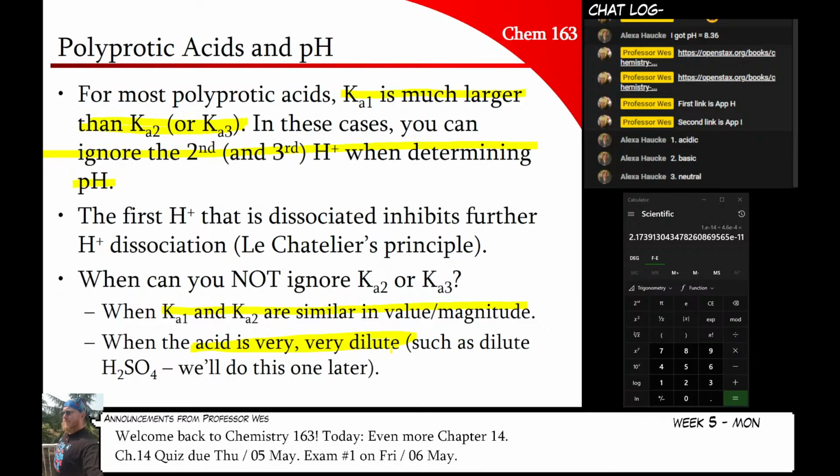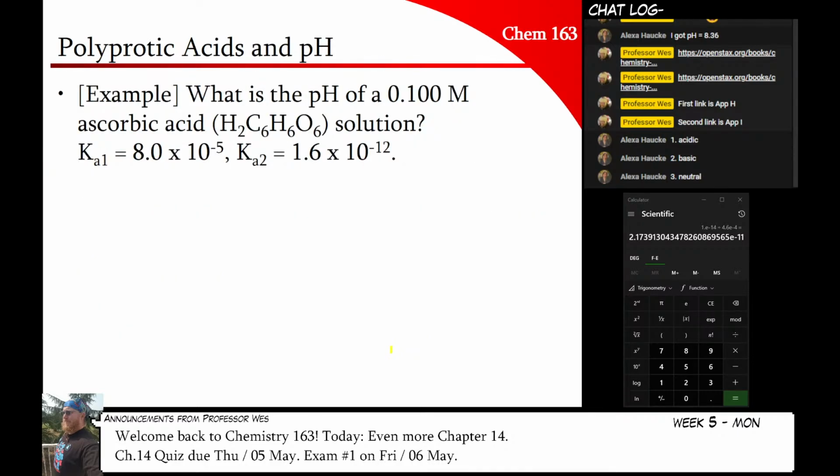Honestly, what it boils down to is, we do the problem a second time, but we use our information from the first problem. So nothing really new here, but let's do a problem anyway. What is the pH of a sorbic acid? Here's the first Ka, here's the second Ka.